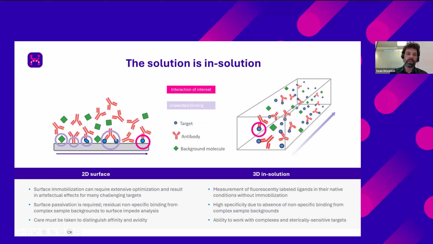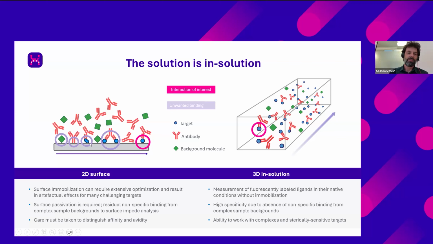And finally, for the case where you have multivalent analytes, you can get avid binding as opposed to affinity binding. These Velcro-type interactions, where the apparent affinity is greater than the true affinity, sit against the interaction we're actually interested in.